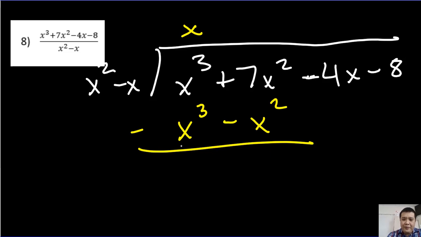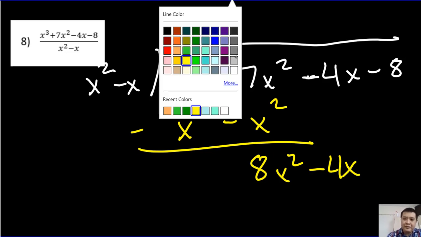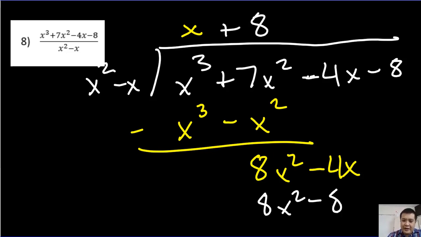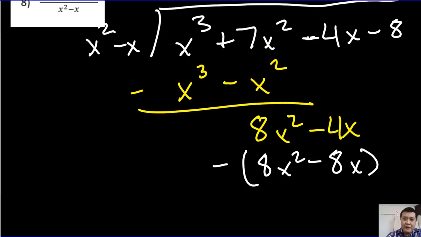These two go away. 7 minus negative 1 is 8x squared minus 4x. And then we have 8, so plus 8. 8x squared minus 8x. Subtract all of that. We get 4x minus 8.